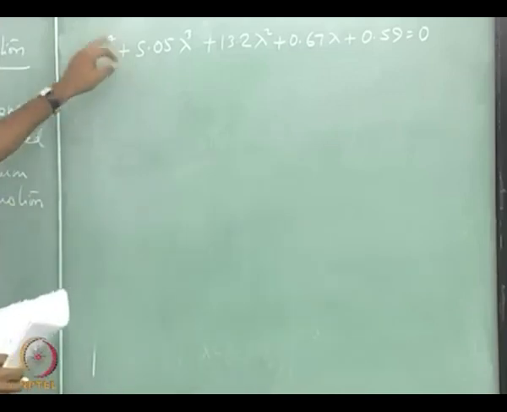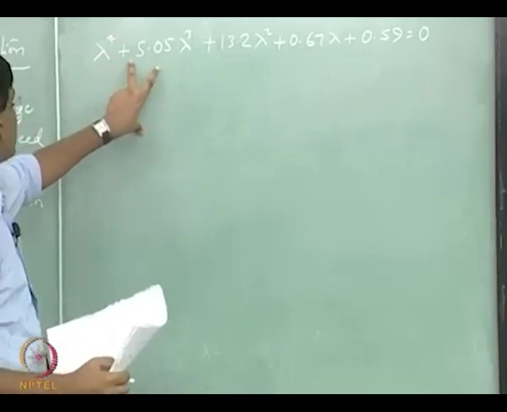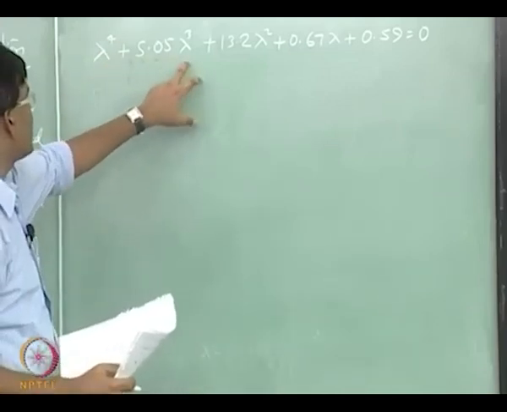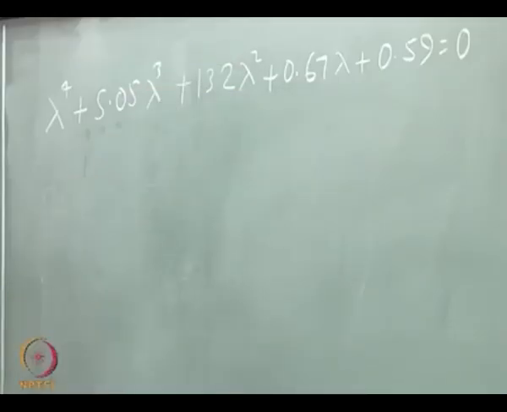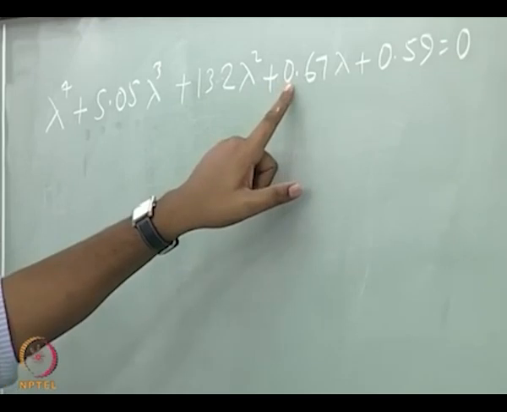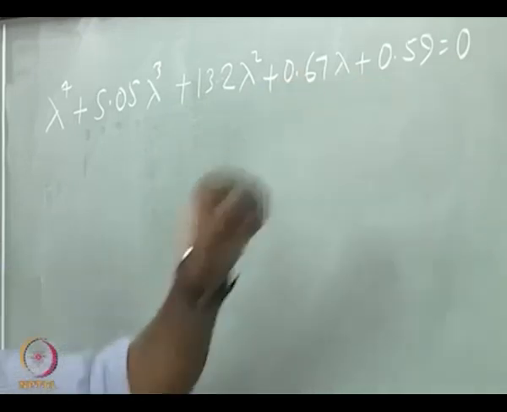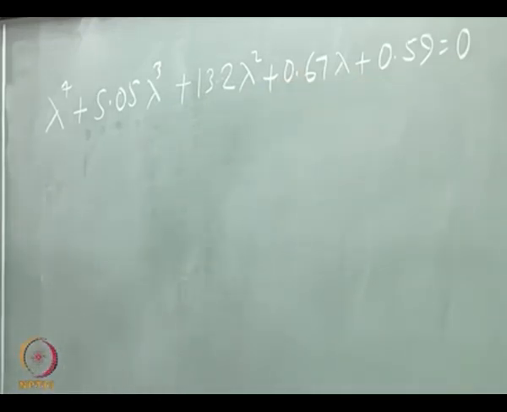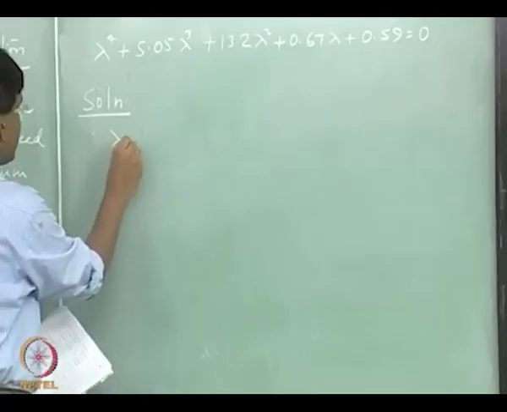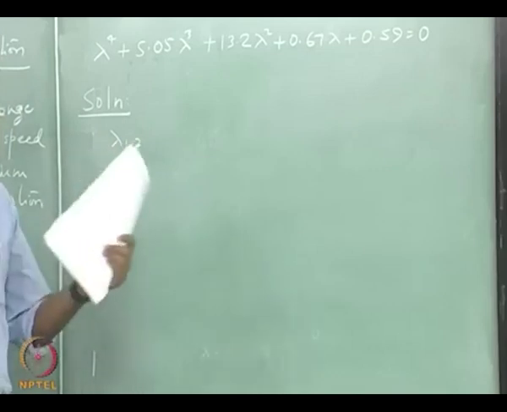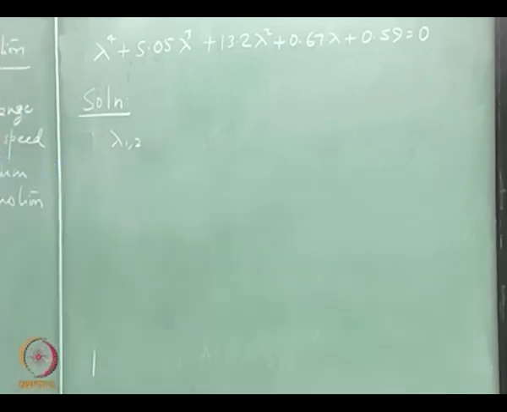Lambda raised to 4 plus 5.05 lambda cubed plus 13.2 lambda squared plus 0.67 lambda plus 0.59 equal to 0. The solution of this is two pairs of complex conjugate eigenvalues.